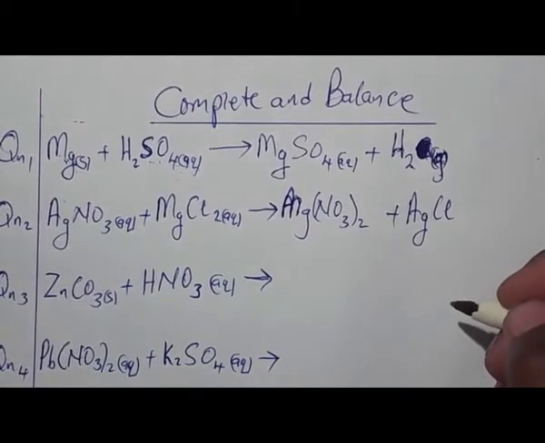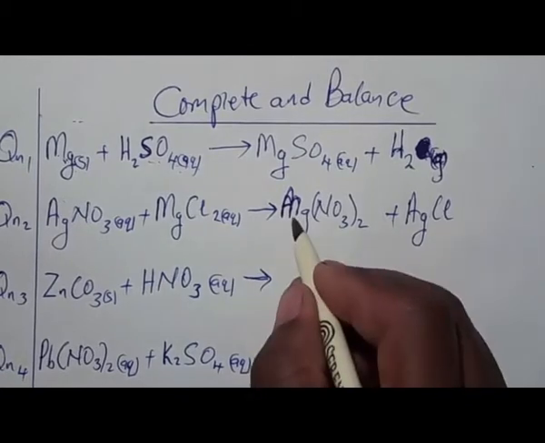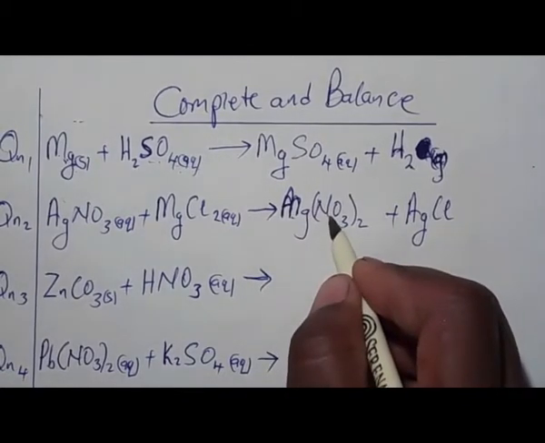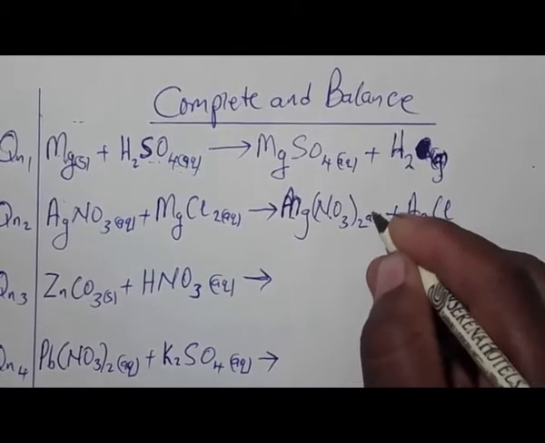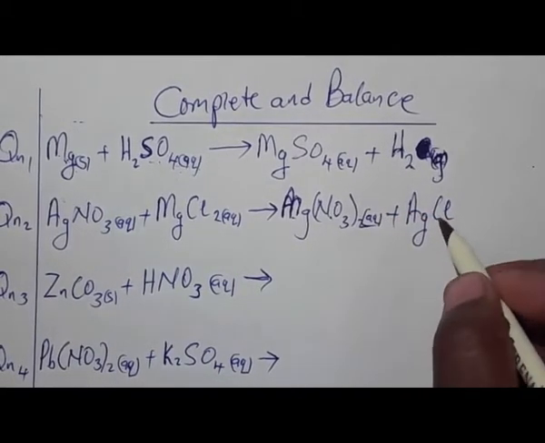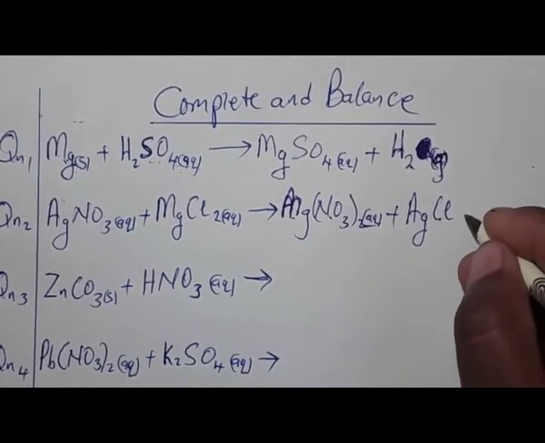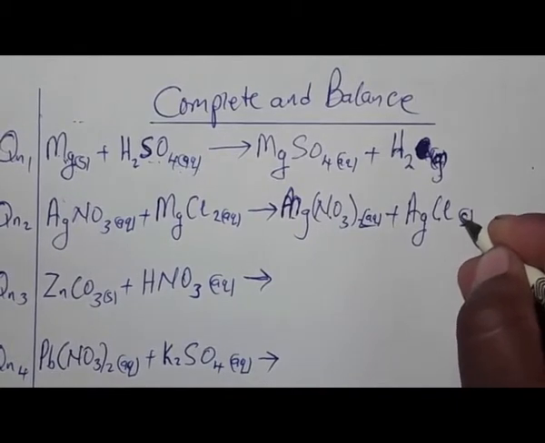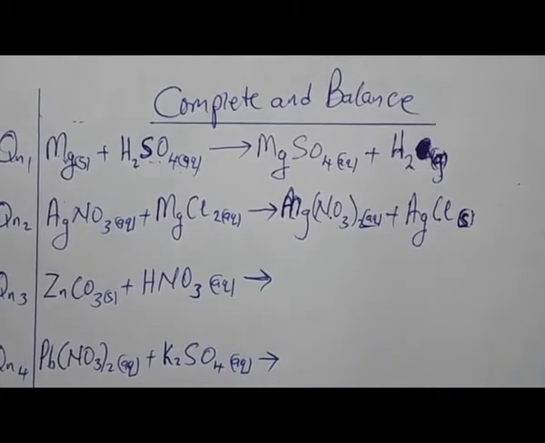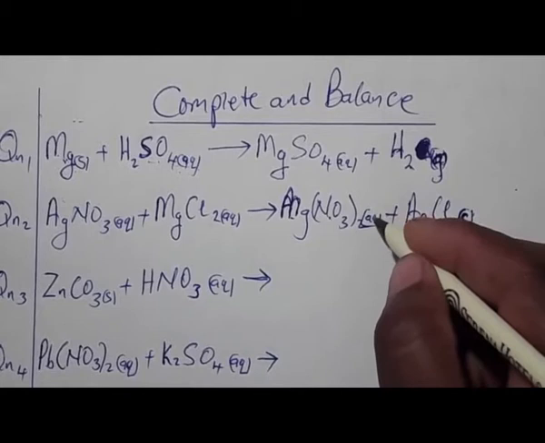Now, the question here is the state symbols. All nitrates are soluble, so we have aqueous here. All chlorides are soluble apart from that of silver, so therefore this is a solid. We have to assign the correct state symbols.